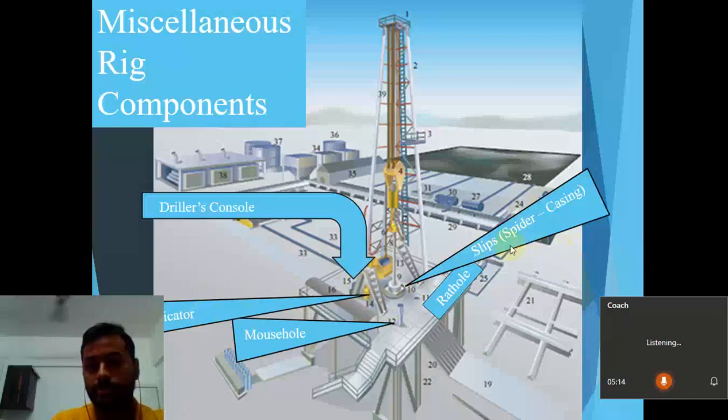Then there are slips. You may see them. Slips were used in the past when there was the Kelly system, and they are used nowadays also when you separate the drill string or casing string from the Kelly or top drive. You have to keep the drill string attached somewhere, like on a hook.